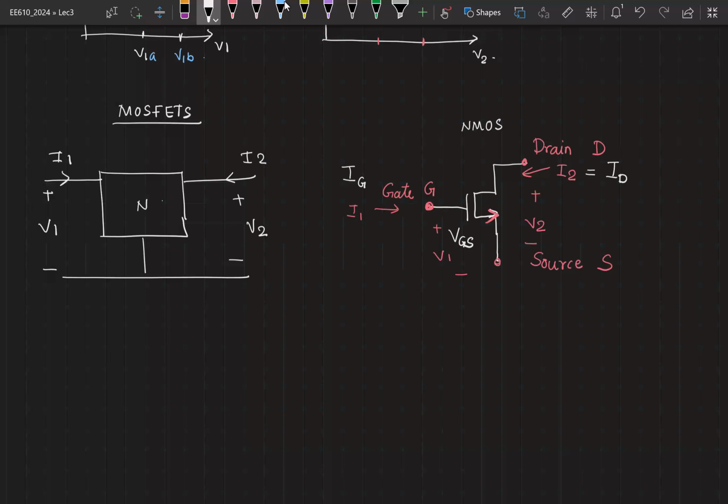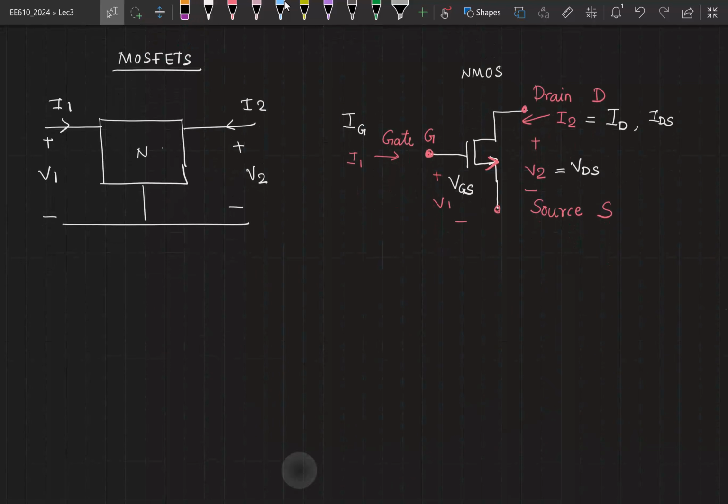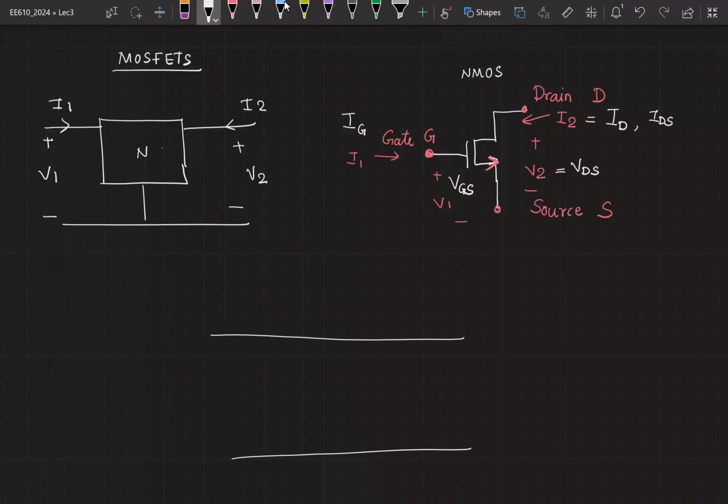You denote it as ID. Sometimes you also denote it as IDS. And your V2 is your drain to source voltage, or VDS. Let me quickly show you what the structure of the MOSFET looks like. Especially if you are dealing with an NMOS, you will have a P substrate on which you will have two N+ regions.